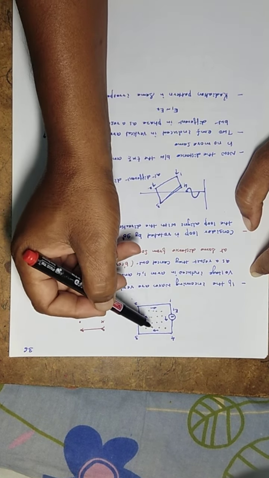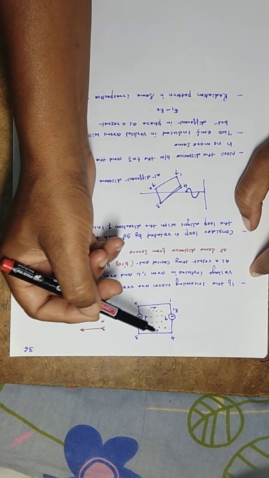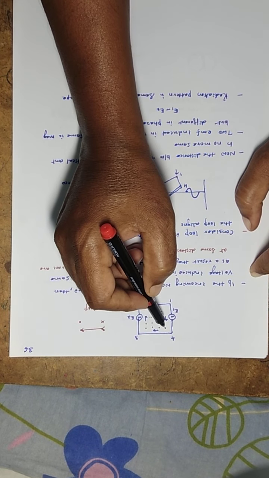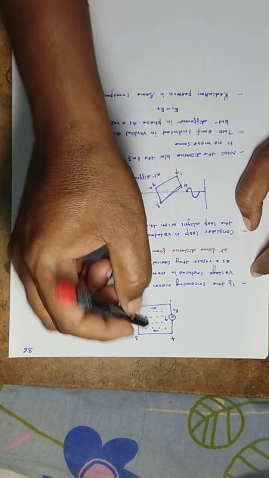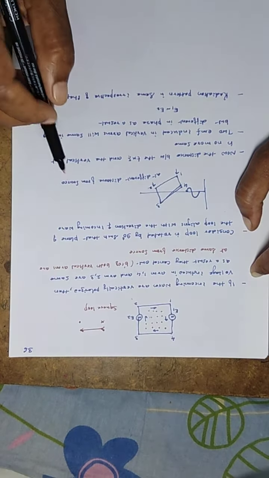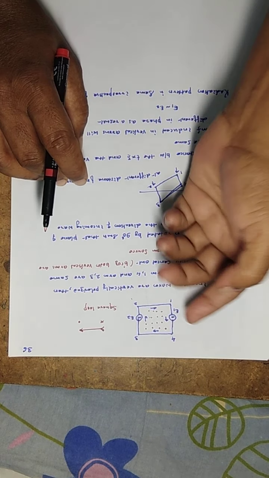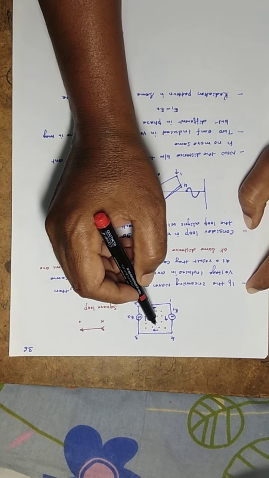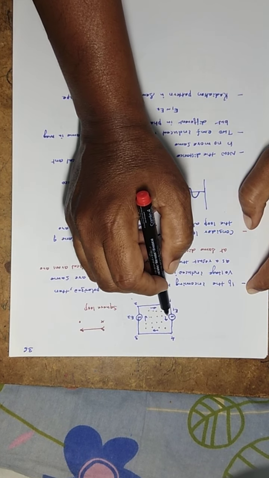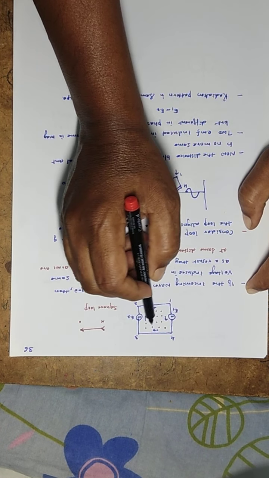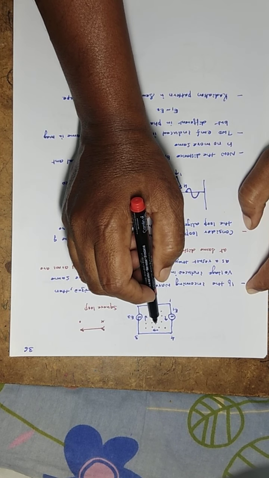The dot indicates that the EM waves are coming out of the paper. If I show it as a cross, then the EM waves are entering into the paper. So here the EM wave is coming out of the paper and it is vertically polarized. Vertically polarized means the E field is vertical.